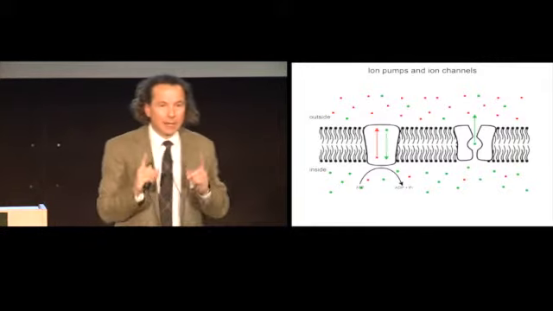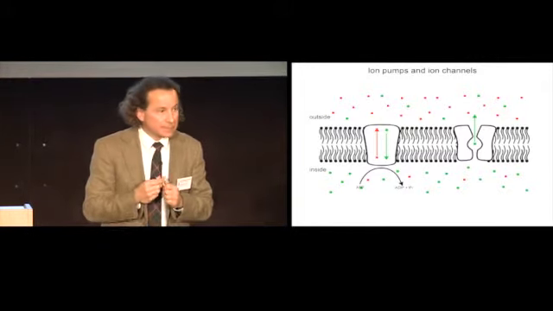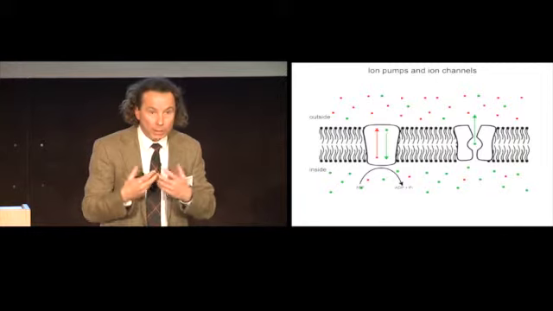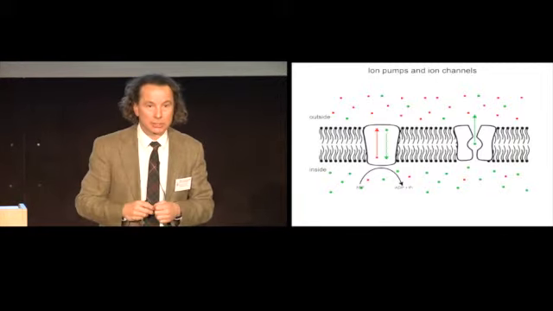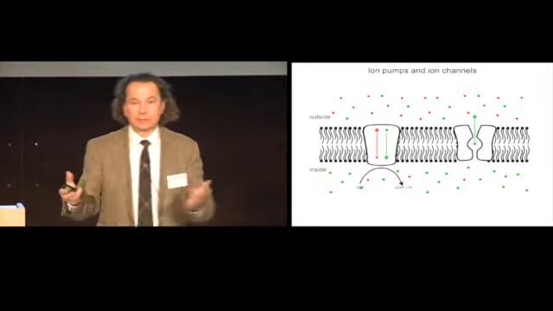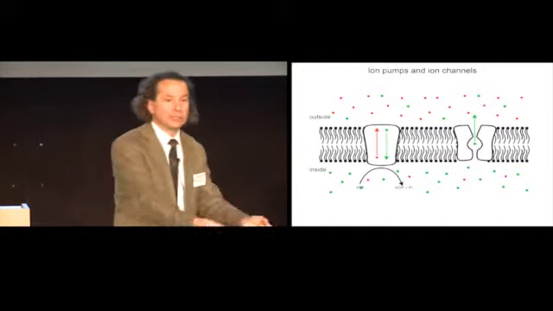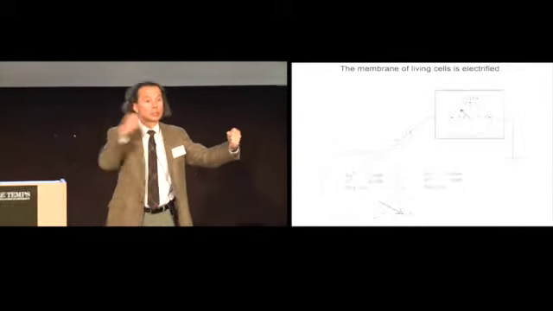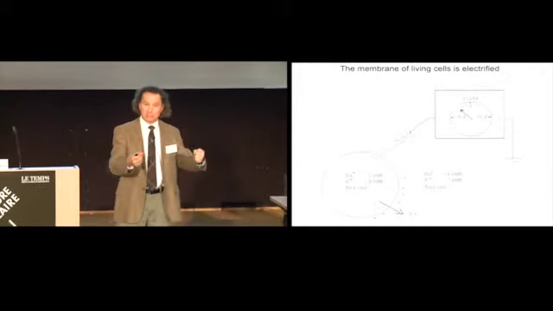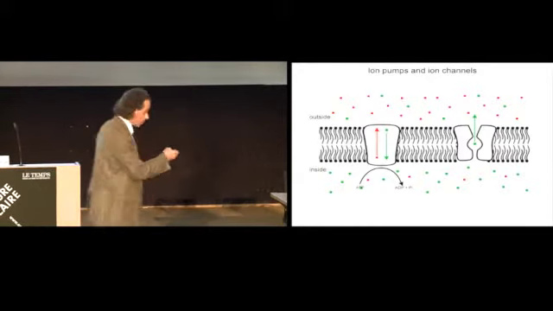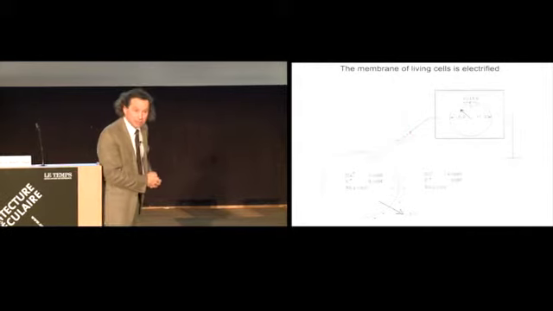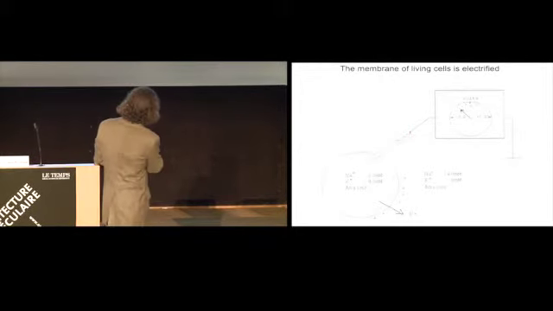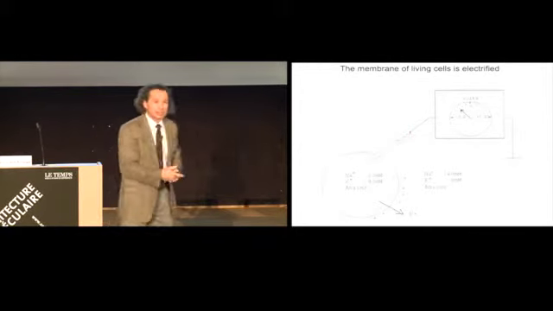Now the ions, potassium and sodium, when they're in water, carry a charge. So salt in the kitchen, sodium chloride, put it in water. It dissociates into sodium with a plus, chloride with a minus. Potassium chloride, same thing. So potassium is carrying a positive charge, and when potassium goes out, it's carrying a charge out.